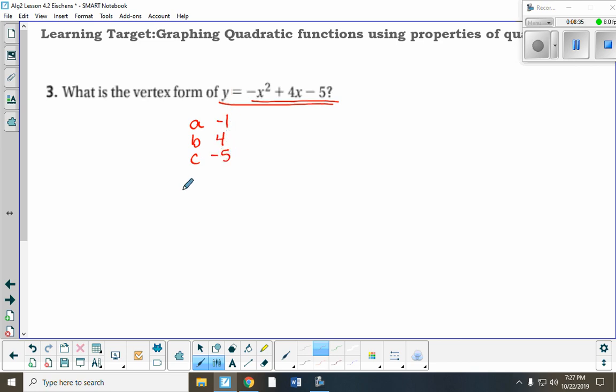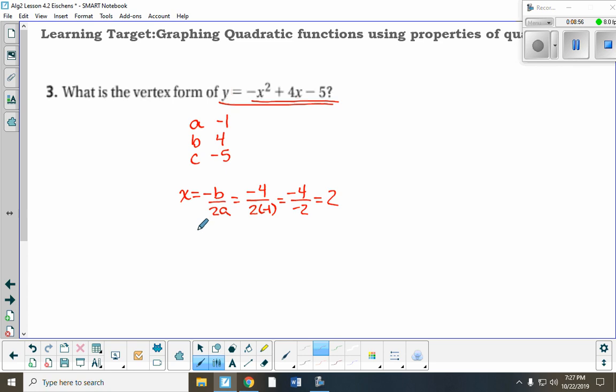And to find the vertex, we start out by looking for the axis of symmetry. So x equals -b over 2a. So it's -4 over 2 times a -1, which is a +2. So the axis of symmetry is at +2.